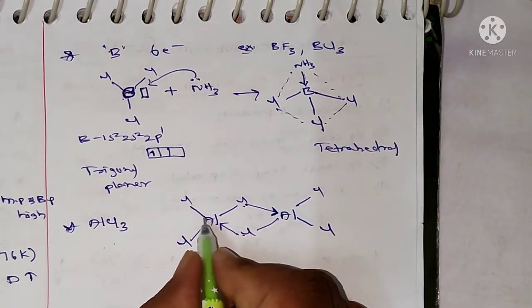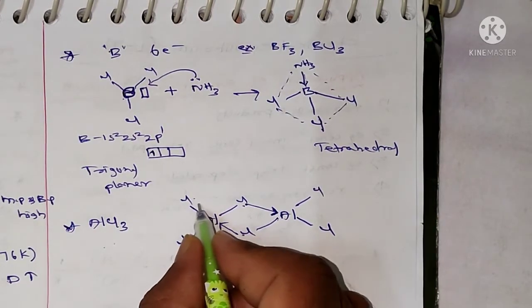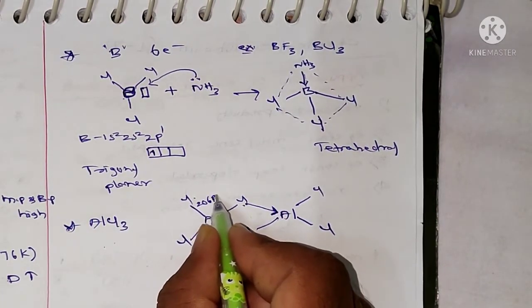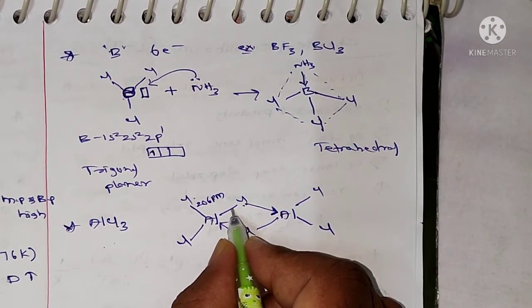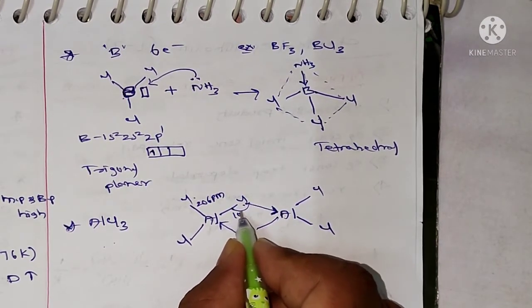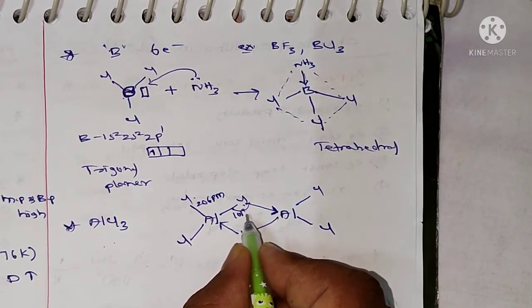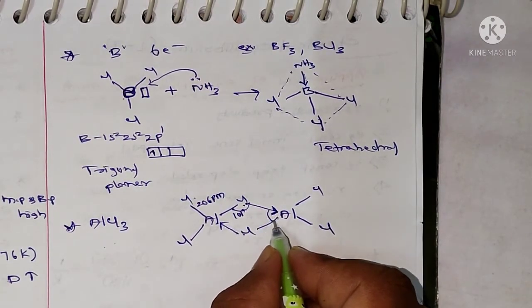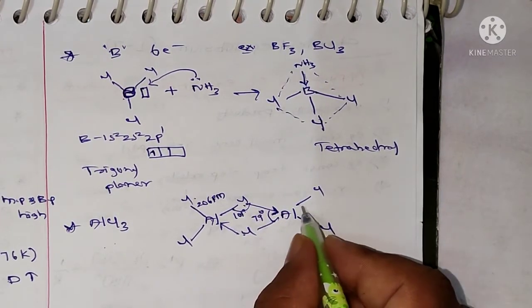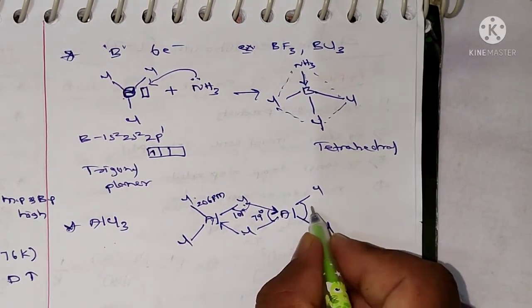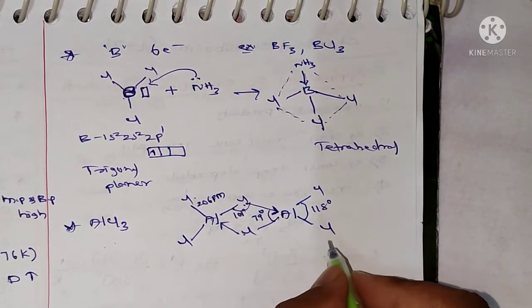Here the bond length between chlorine and aluminium is 206 picometer, and the bond angle here is 101 degrees, here the bond angle is 79 degrees, and here the bond angle is 118 degrees.